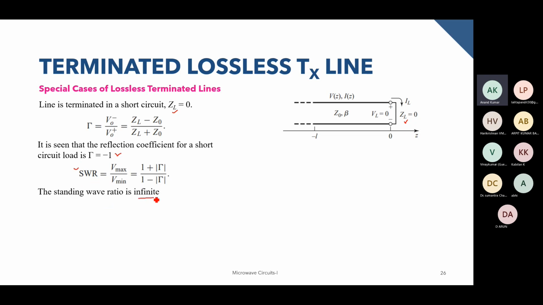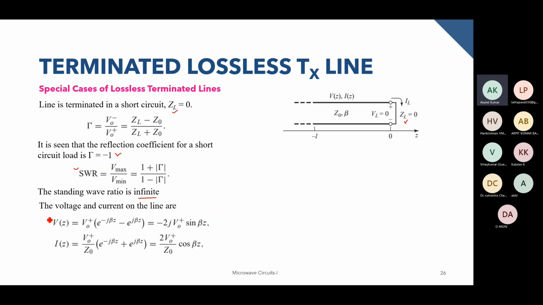So the standing wave ratio comes out to be infinite, and we can again define the voltage and current on the transmission line by this expression. We are using the trigonometric formulas and evaluating this. So this is the expression for voltage, and this is the expression for current.